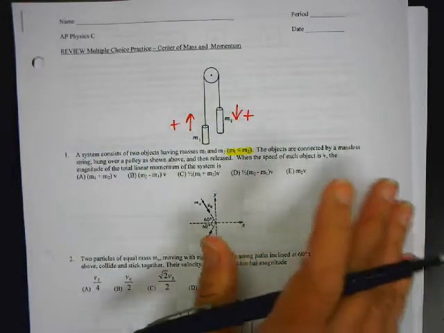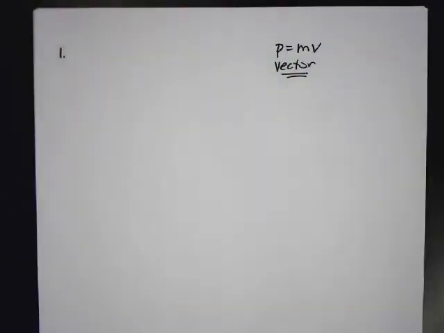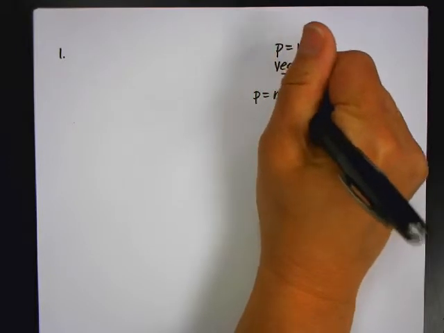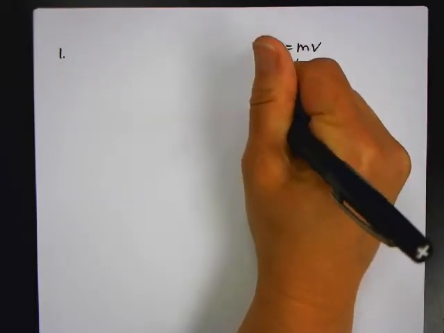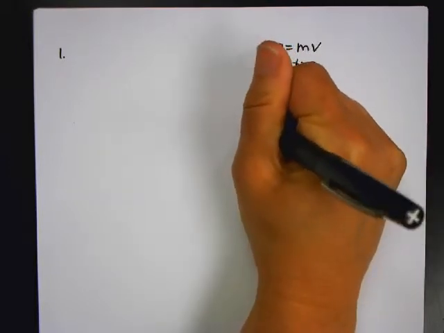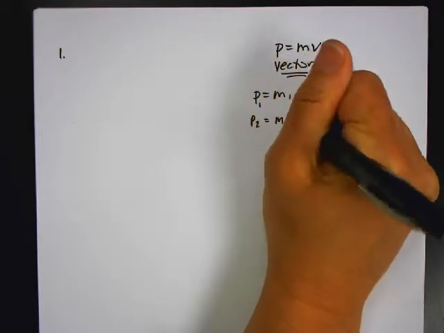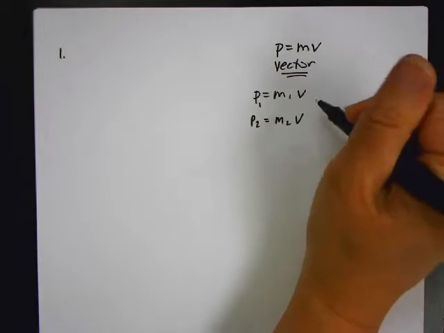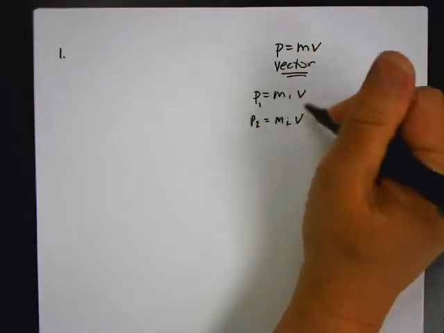All right. So now we know that the total momentum, so the momentum of the first one, m1, p is equal to m1 times v, that's p1, and p2 would be m2 times v. The v is the same. But again, we have to take the direction into consideration.